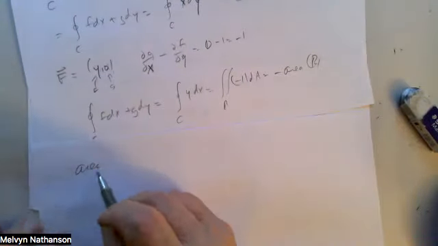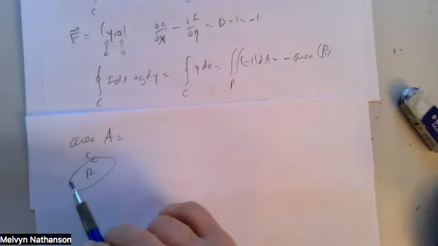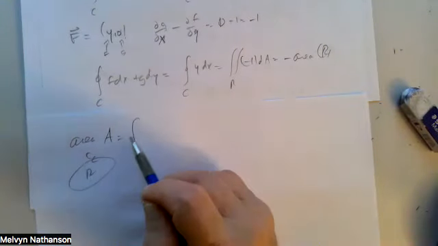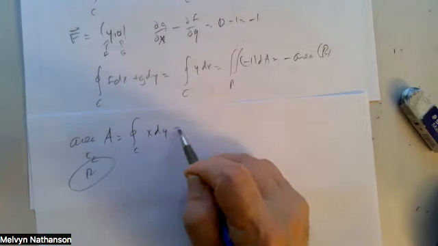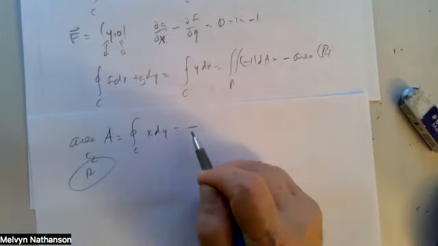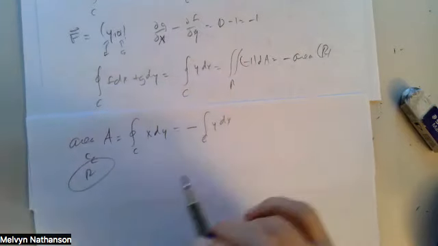So I have that when you have this region R bounded by a curve C, the area A is equal to, on the one hand, the integral around C of x dy, and it's also equal to minus the integral around C of y dx.